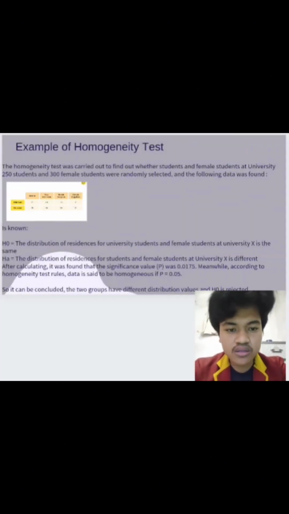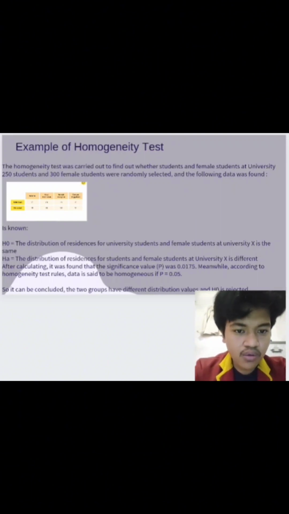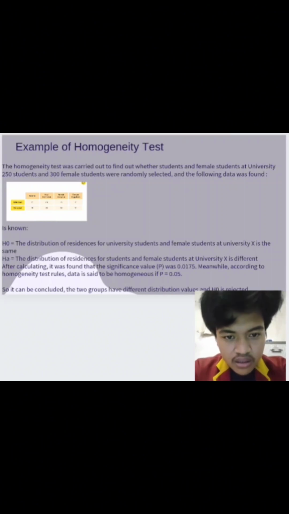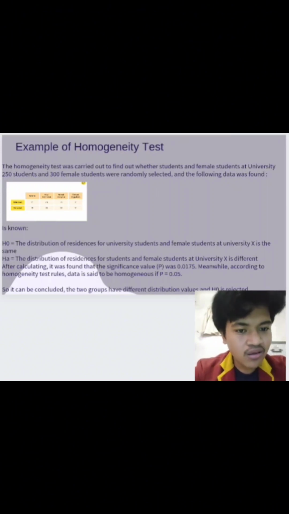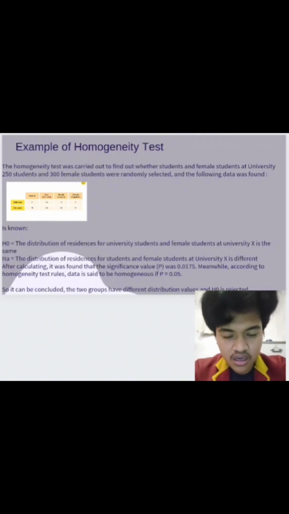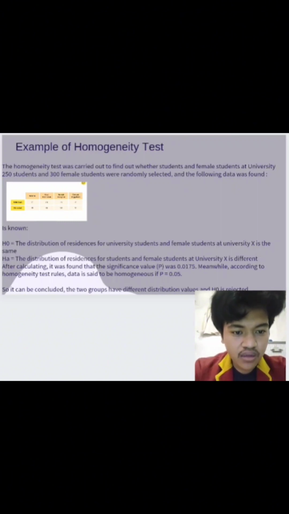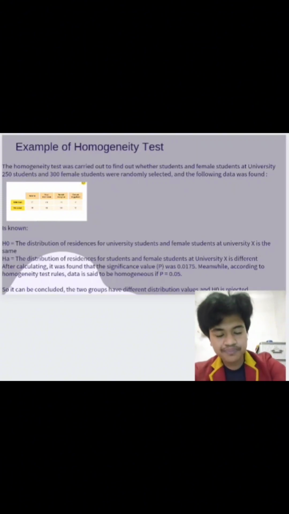Example of a homogeneity test. The homogeneity test was carried out to find out the distribution of university students and formal students. The students were randomly selected, and the following data was found regarding the distribution of residents of university students and formal students.